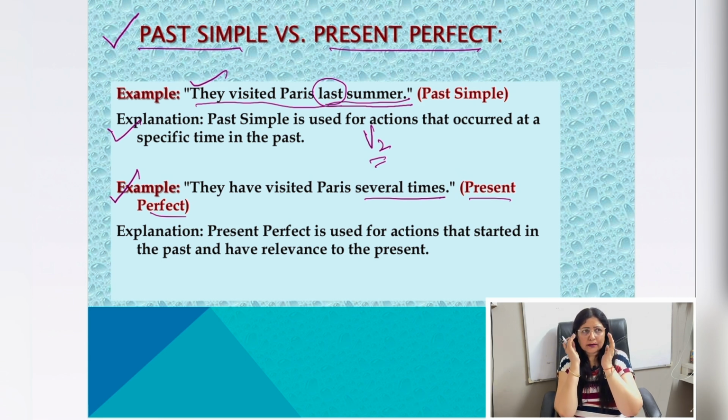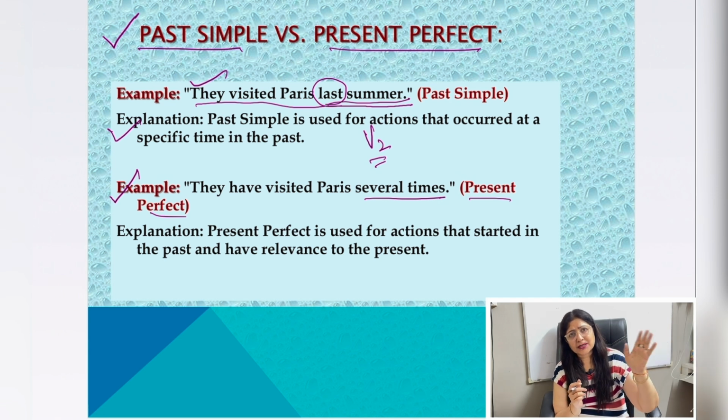Sometimes in interviews also, many candidates speak like, I have completed my 12th from this school with this percentage, and I have completed then graduation. So making use of present perfect in both the cases is not okay. 12th is your past action, that is done.